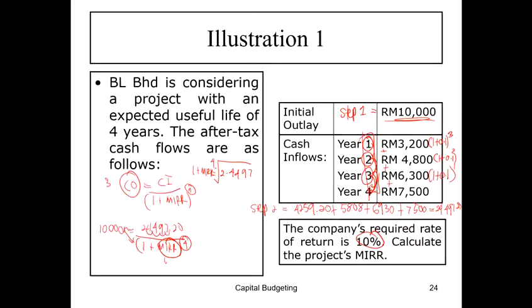Okay, use the calculator. So you will get 2.4497, square root, square root. Okay, so you will get 1.25.